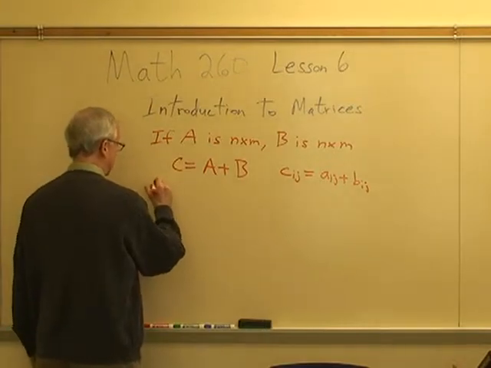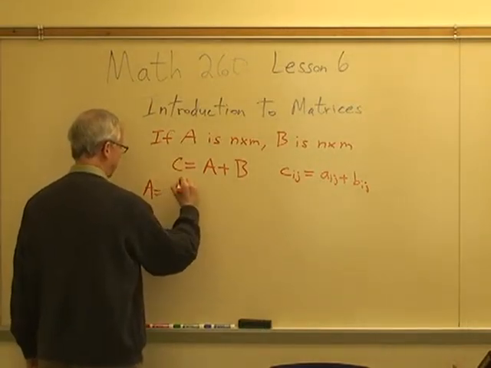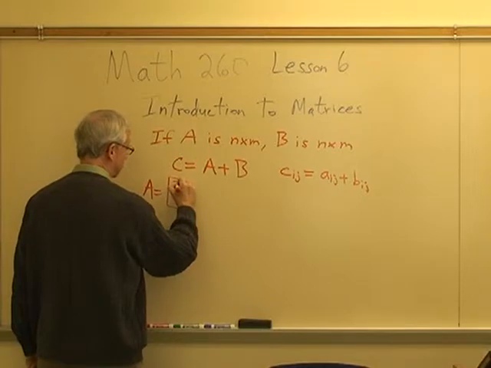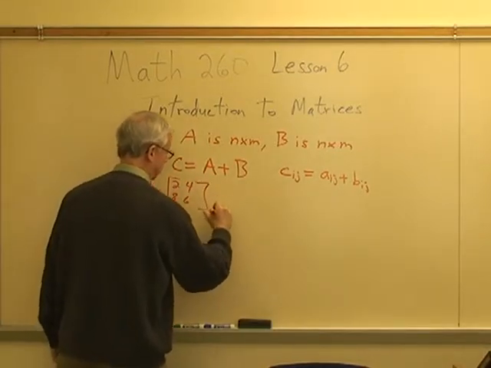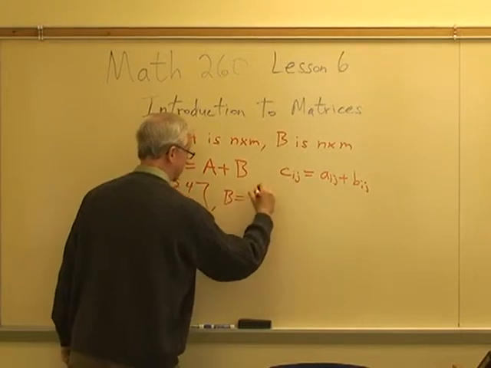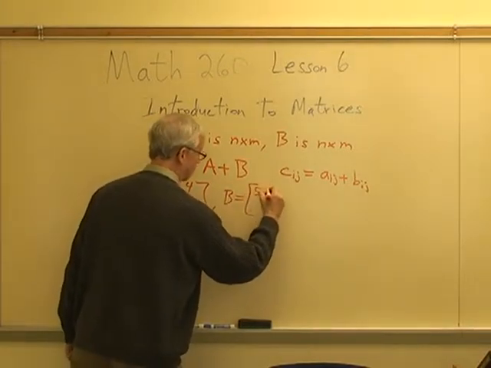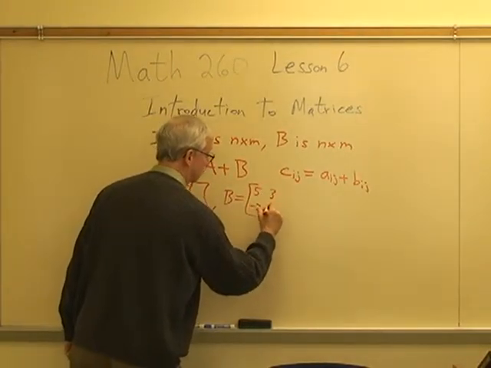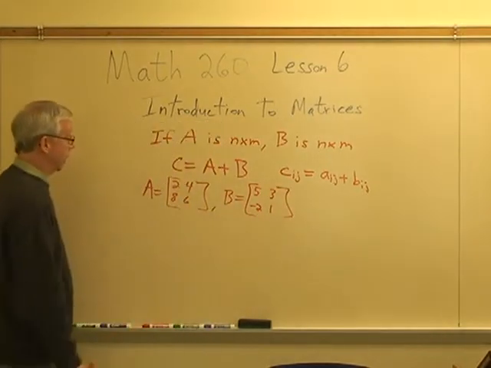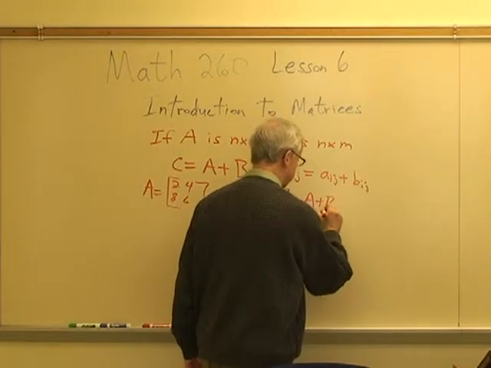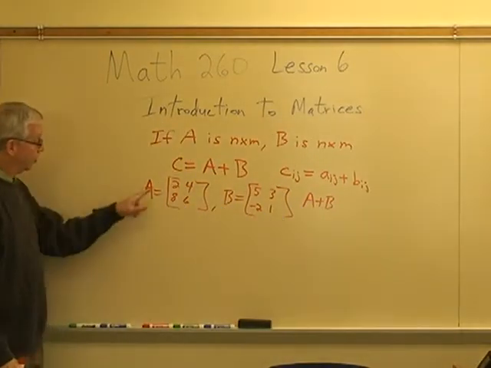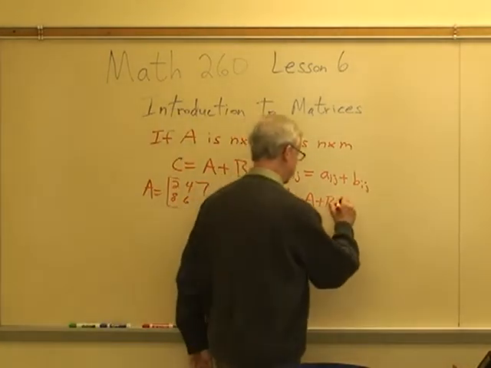So for example, if A is, we'll use an easy case, a 2 by 2 matrix, and B is that, then the matrix A plus B is formed by adding element by element.